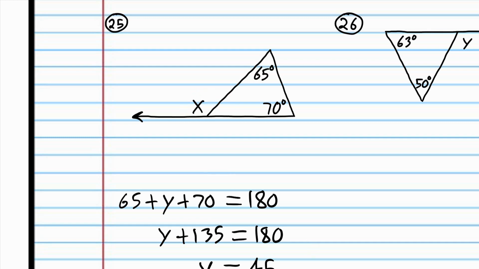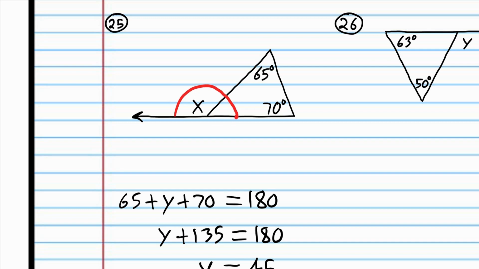When you make them adjacent angles, and they are adjacent angles, they share a vertex and they share a side. Those two angles must add up to 180. They must be supplementary by the linear pair postulate.